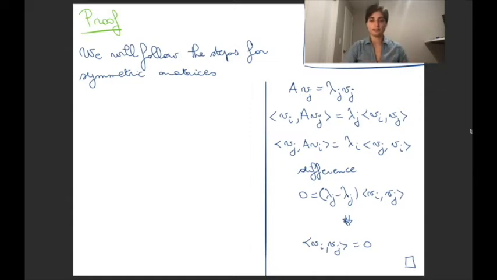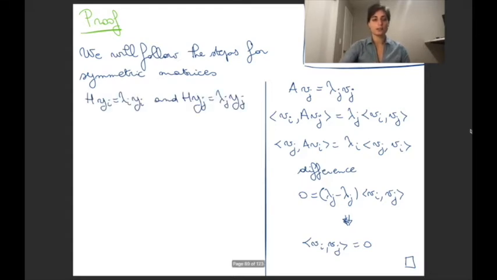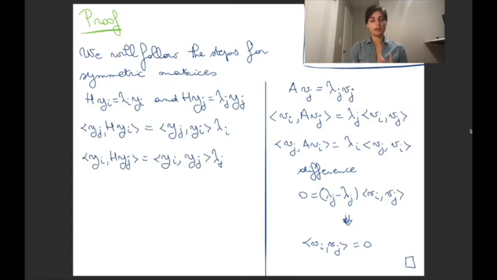Let's try to bring this in the context of self-adjoint operators. So we have two eigenvalues and eigenfunctions, and we know the equation they satisfy. We utilize the inner product to multiply Yj with the first equation and Yi with the second equation. The eigenvalues pop out of the inner product.